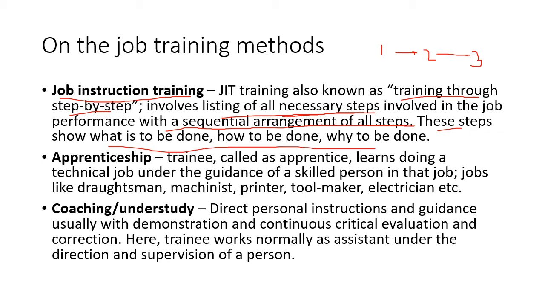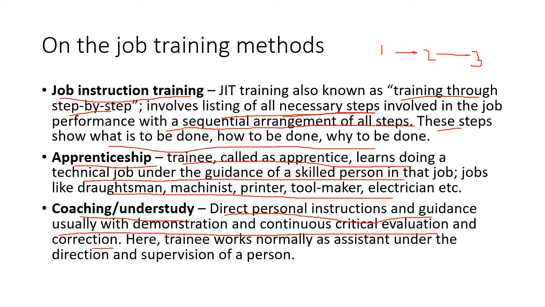Then comes apprenticeship. Here the trainee, also called apprentice, learns doing a technical job under the guidance of a skilled person in that job, such as draftsman, machinist, printer, toolmaker, electrician, etc. Coaching or understudy: here direct personal instructions and guidance, usually with demonstration and continuous critical evaluation and correction.